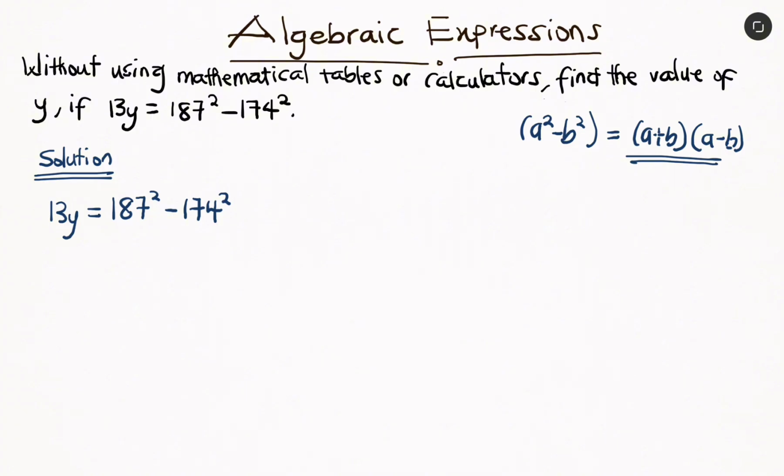So having this understanding, or this expansion of difference of two squares, we can proceed to write 13y is equal to, then in the first bracket, so we'll have a plus b. The a now becomes the 187, the b becomes the 174.